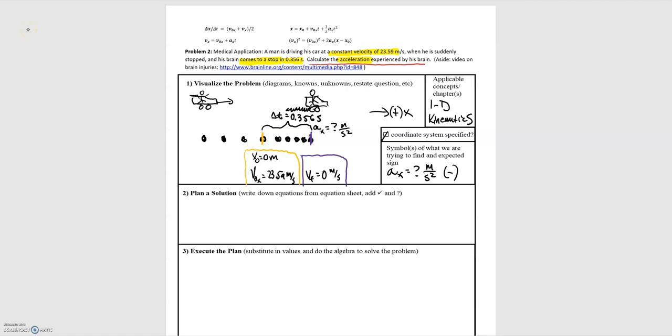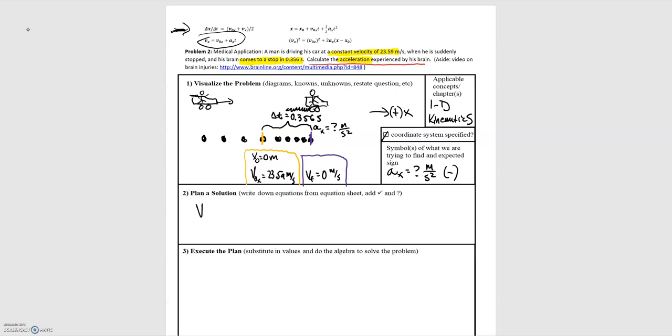So now that we've drawn a diagram and we've identified our knowns and unknowns, we can plan our solution. So we know our initial and final velocity, and we know the time interval that all that happens at, and we're looking for an acceleration. So looking at our kinematics equations up top here, we know that the third equation, this bottom left equation, is going to satisfy that.